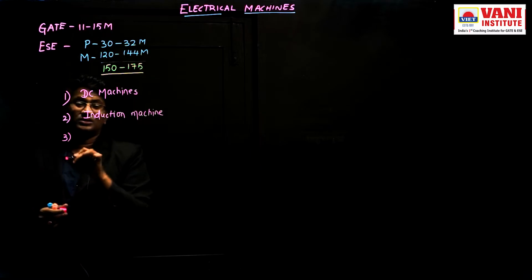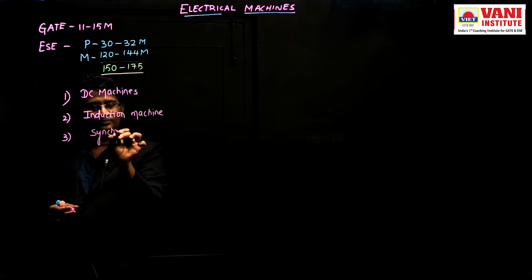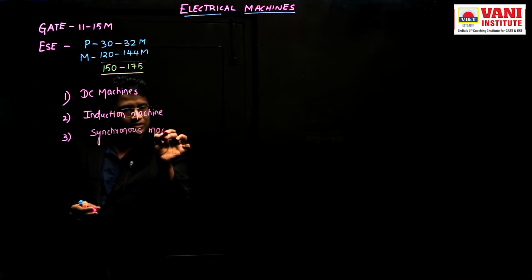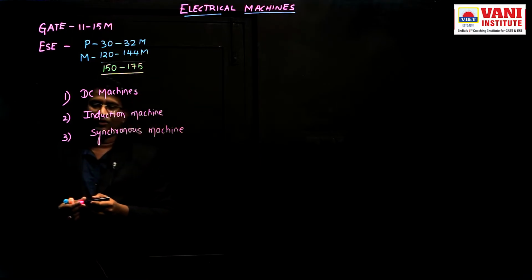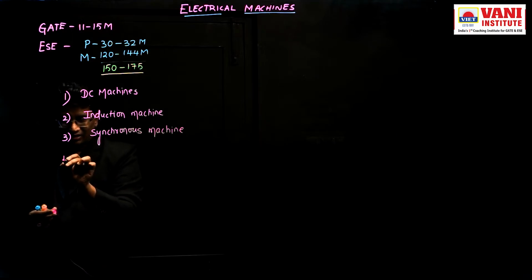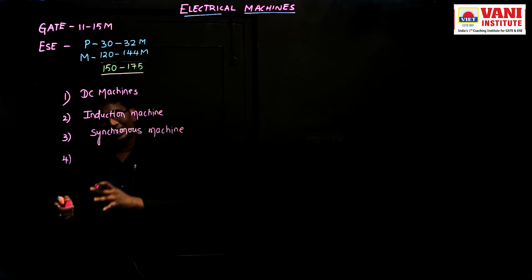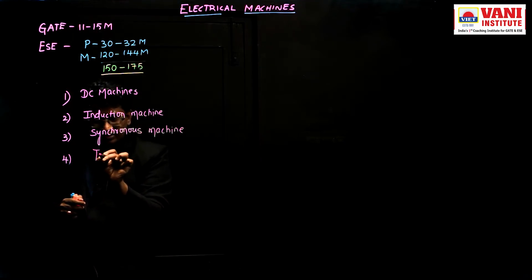The third rotating machine is the synchronous machine. And last but not least, I kept it at the end because it is a different type of electrical machine. What is that? Transformer.